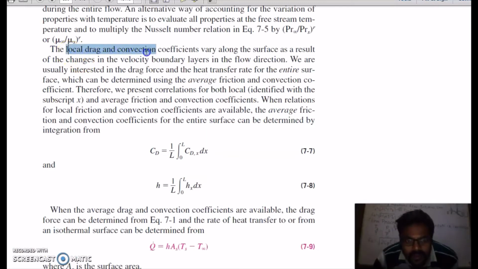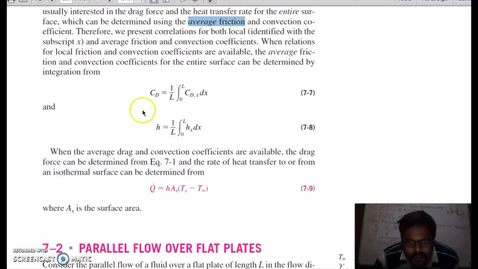Local drag and convection coefficients vary along the surface as a result of change in velocity boundary layers in the flow direction. So we are interested in the average friction and average drag coefficient, which we calculate by this.